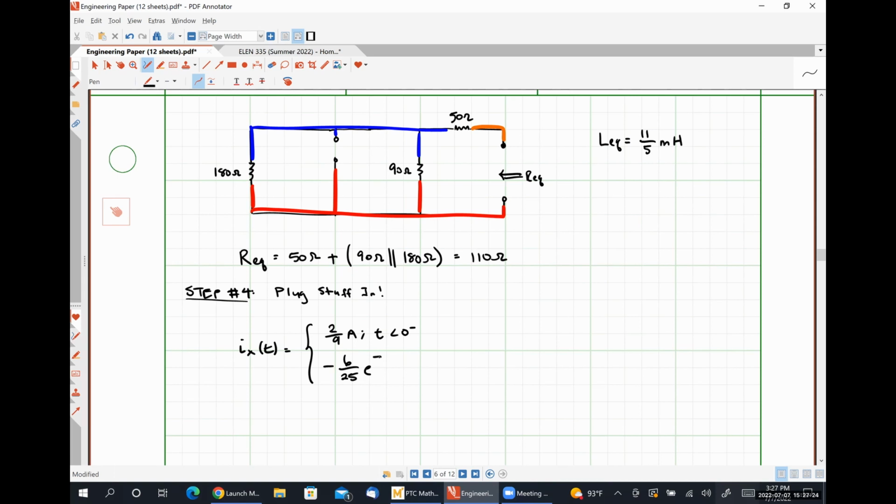e to the negative. All right, so we have R is 110. And L is 11 over 5 times 10 to the minus 3.